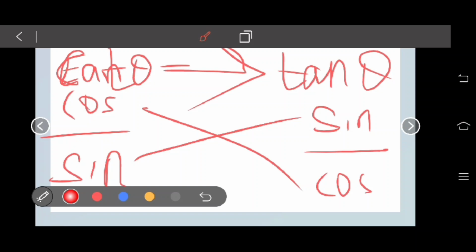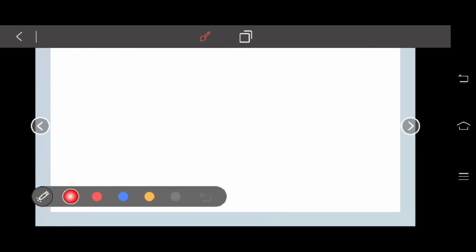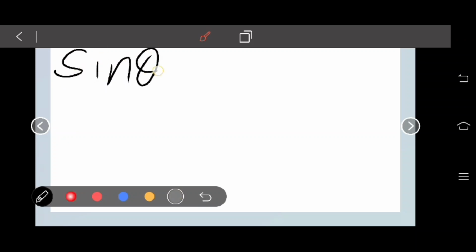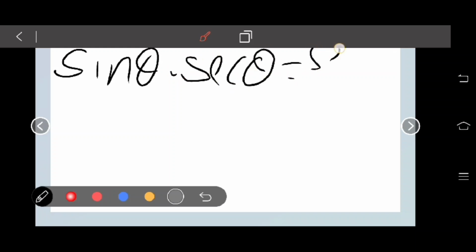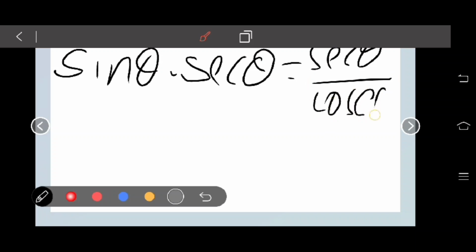Another formula is you can write tan as sine theta into secant theta, equal to secant theta by cosecant theta. How? What is the formula of tan?